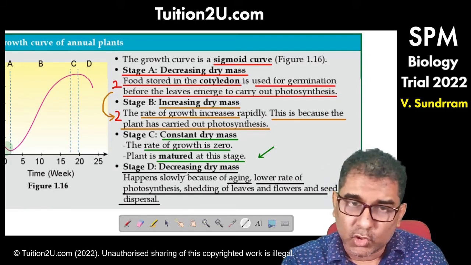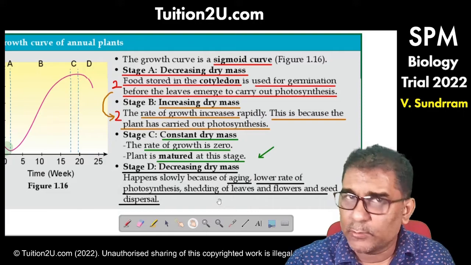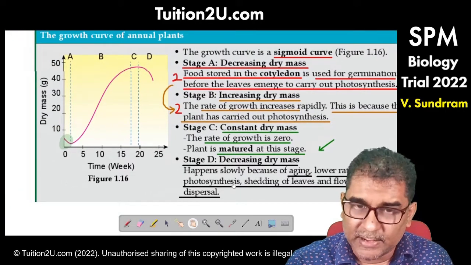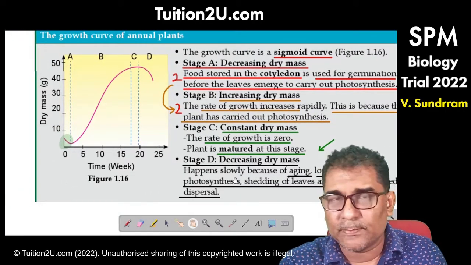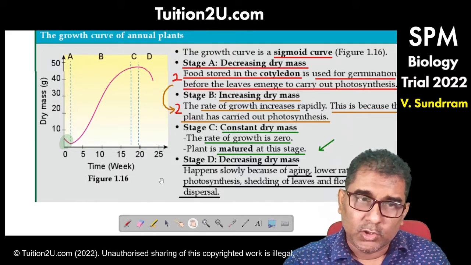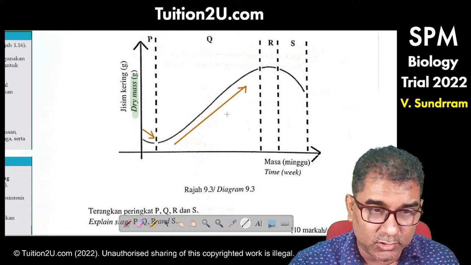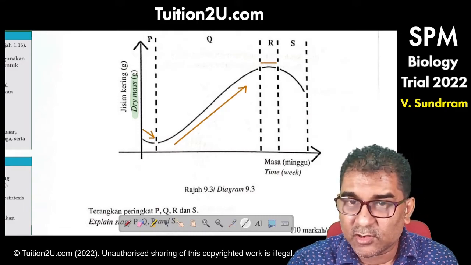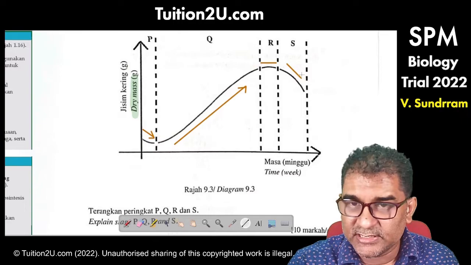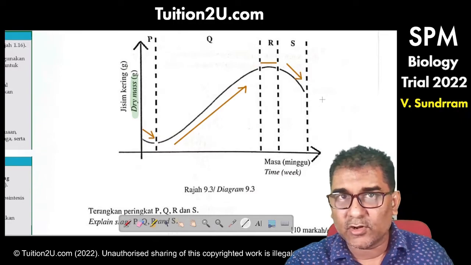Done. So to make this answer better, I will define what is an annual plant. I'll also give an example of an annual plant, which is the paddy plant. So let's say the graph. If I were to continue here, this is constant, here decreasing again. So the 4 arrows that I draw is 4 marks.